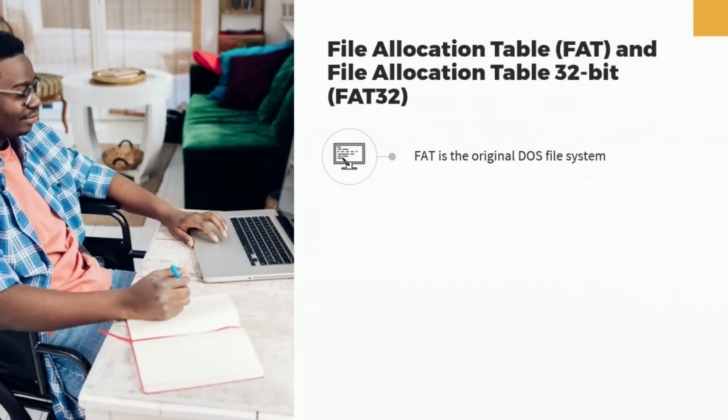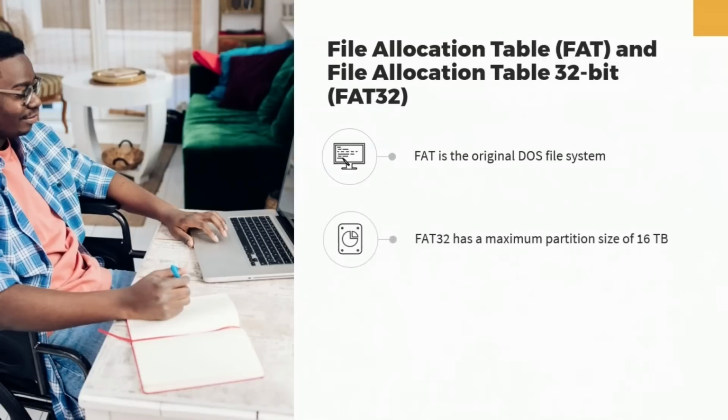Now, there are some variables that could affect the characteristics of any given implementation, but in general, FAT could support a maximum partition size of only 4 gigabytes, and on a Windows system, file names could only have 8 characters for the name and a 3-letter extension, so it was referred to as 8.3 naming.